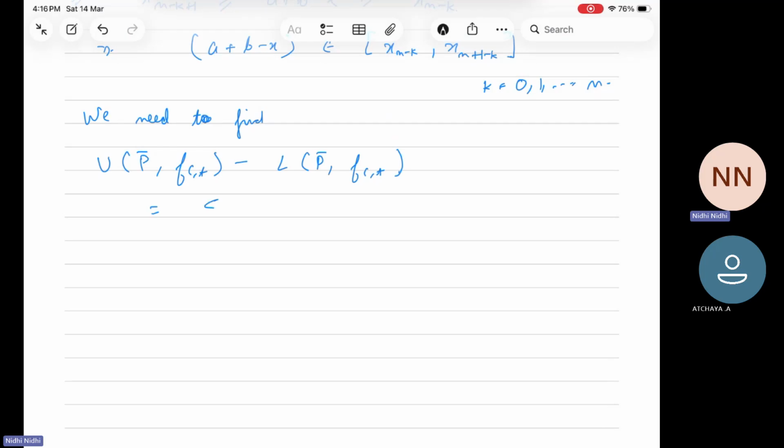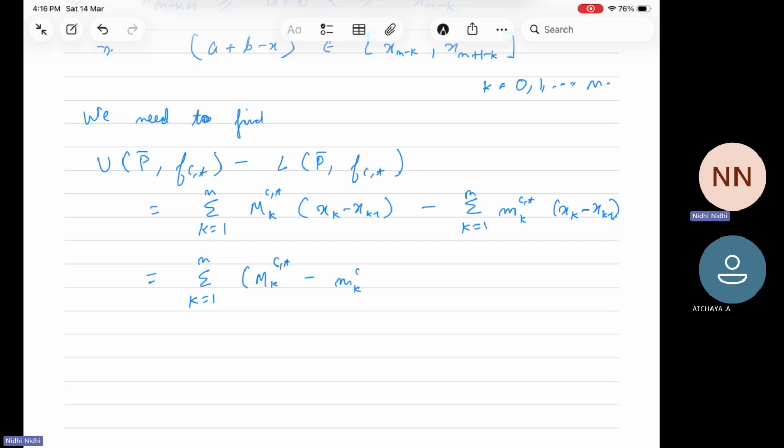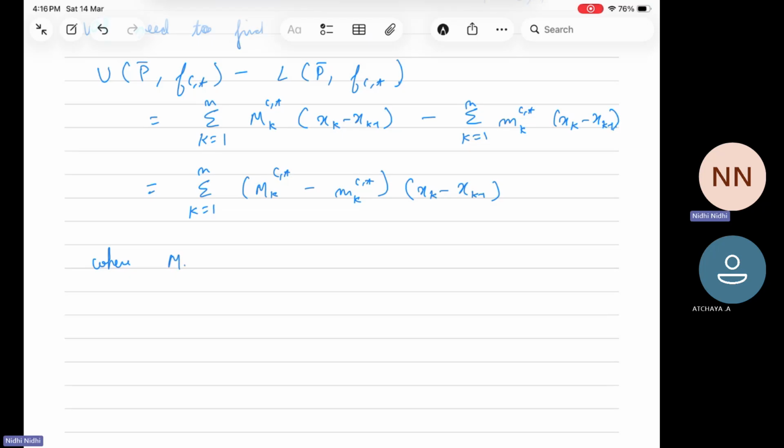By definition, this is equal to the summation k from 1 to n of capital M_k, with CT in the superscript since this is for f_CT, times x_k minus x_{k−1}, minus the summation k from 1 to n of small m_k^CT times x_k minus x_{k−1}. So we can combine it: the summation k from 1 to n of (M_k^CT minus m_k^CT) times x_k minus x_{k−1}, where this capital M_k^CT is equal to the maximum of f_CT(x), x belongs to x_{k−1} to x_k.